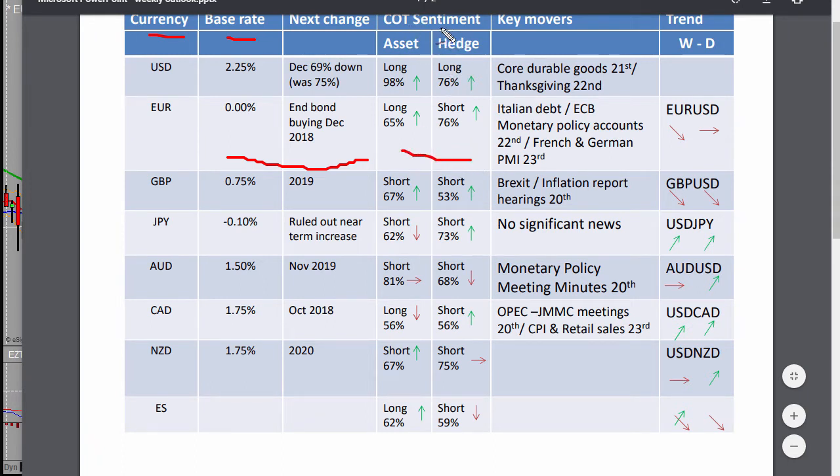So it's the COT sentiment, looking at asset funds and hedge funds. The asset funds being the big pension funds, and then the hedge funds, which are more aggressive in their trading quite often. And then looking at the key news out this week and the trend of where the market is. So doing this, and then I'll look at some charts afterwards.